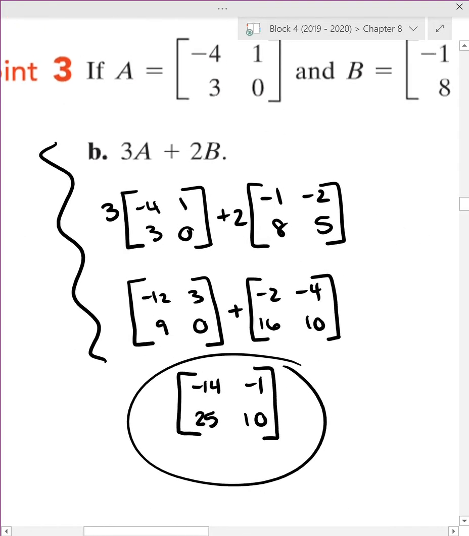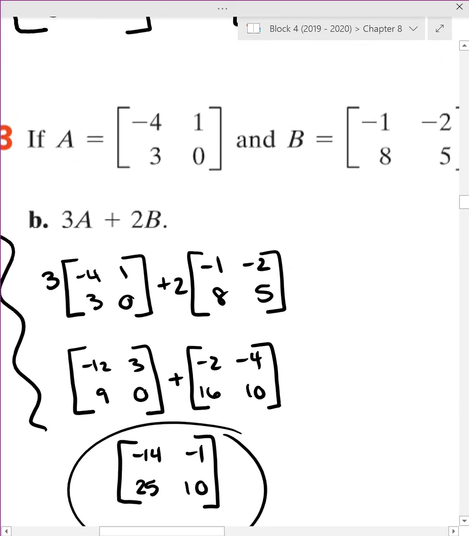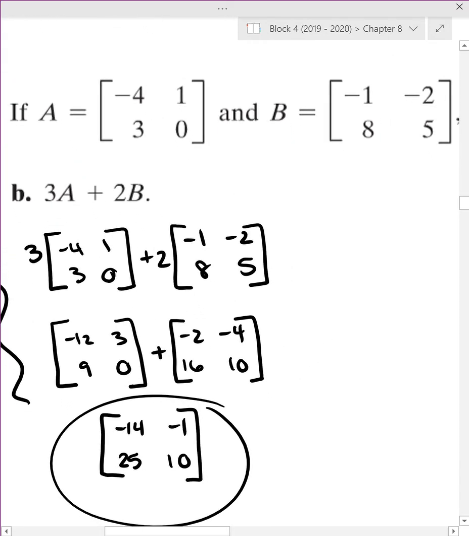Now, I know you could plug these matrices into your calculator. But one thing I really want you to realize is that sometimes, especially with addition, subtraction, and multiplying a scalar, it is so much faster to just do the work on paper than to spend the time typing it into your calculator. Because if you make one little mistake typing it in, it messes up everything.